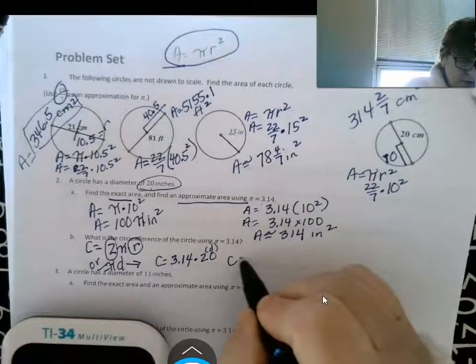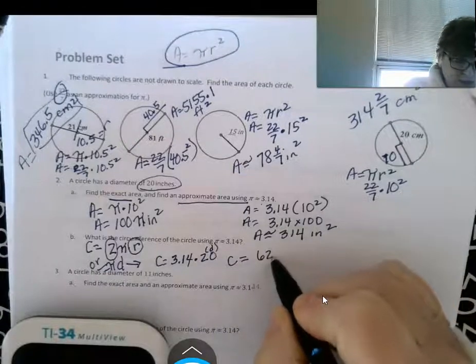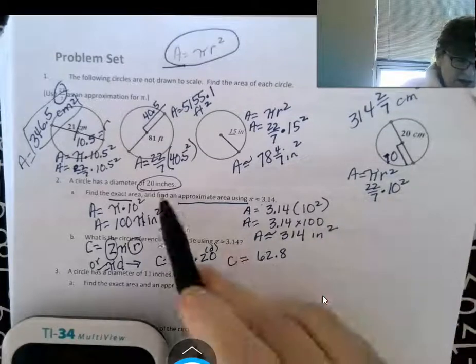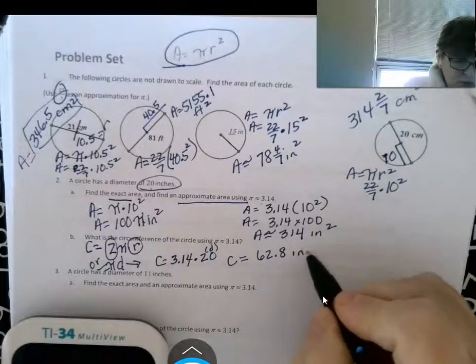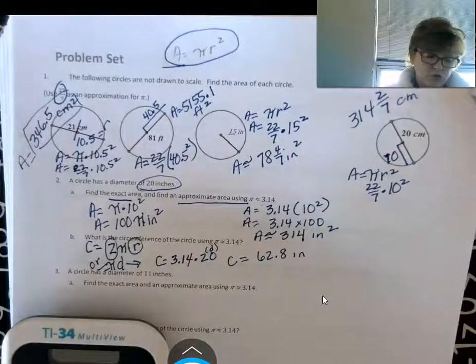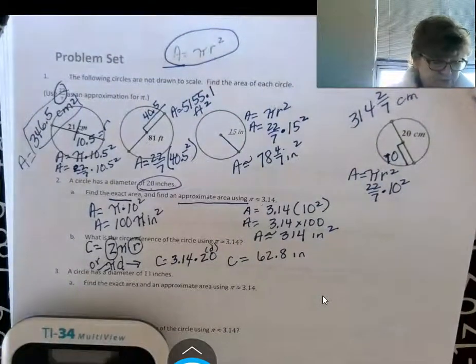So my circumference is equal to 62.8. And again, that is inches. Do not put squares because that is like the fence. So it's not measured in square units.